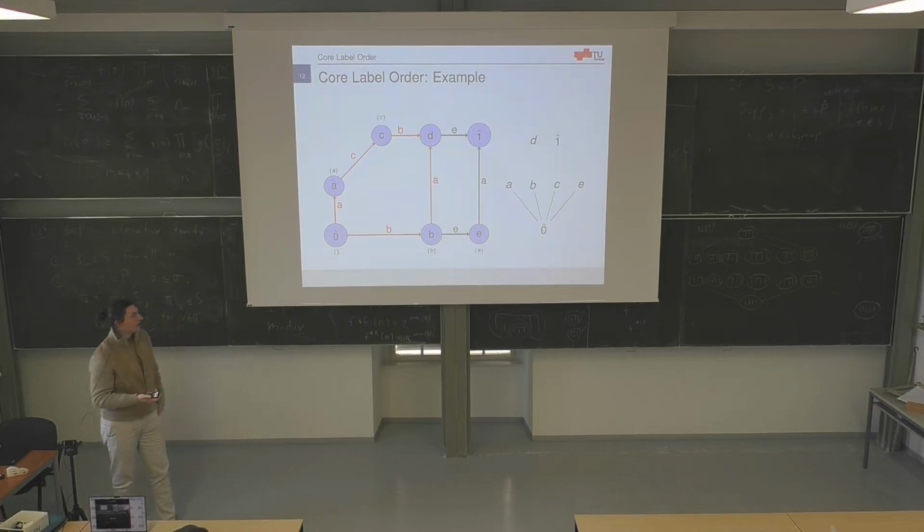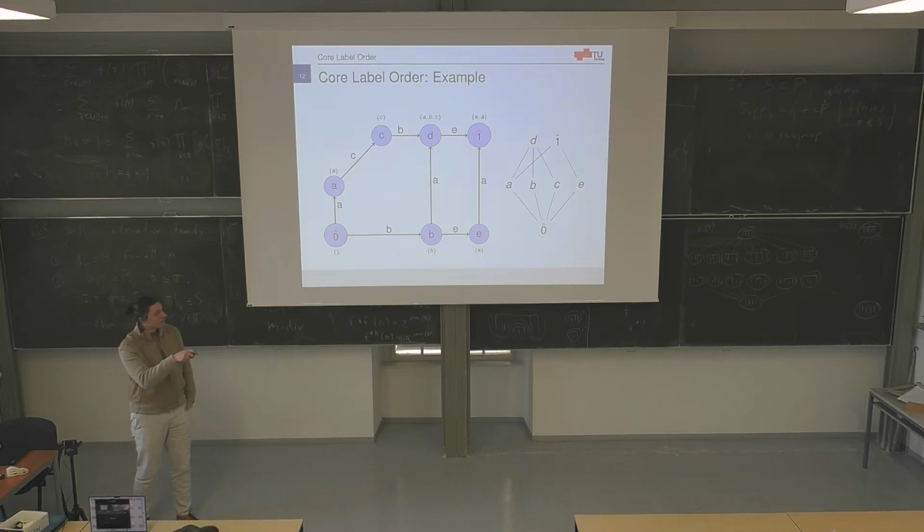So I have here A, B, C, and therefore I'm getting a cover relation in the core label order from A, B, and C up to D. I can do the same for the biggest, for the 1. I'm computing the meet, and then this one is our first example of the core label order.